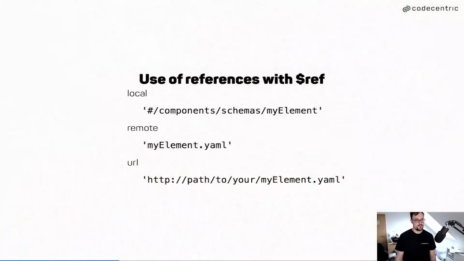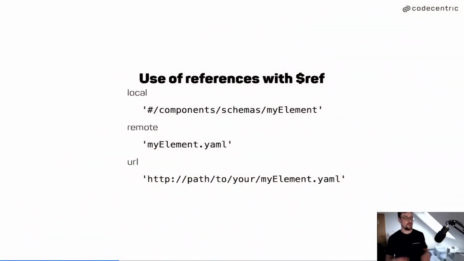And another interesting point is, we talked about splitting, so I need to use something for referencing things. In the context of OpenAPI, we have the ref parameter, which makes it easy to say, okay, we have a reference to something. The reference could be local within the same file, to say, okay, we have stored something under components schemas, and there is my element.